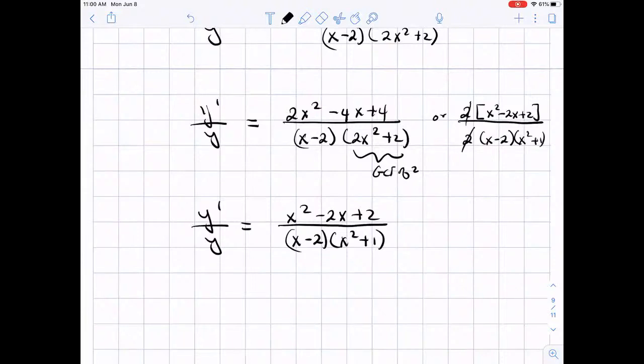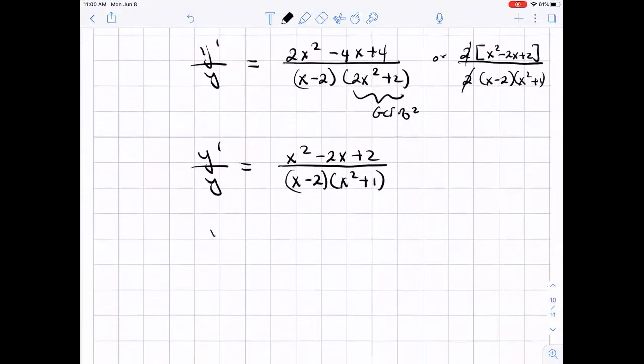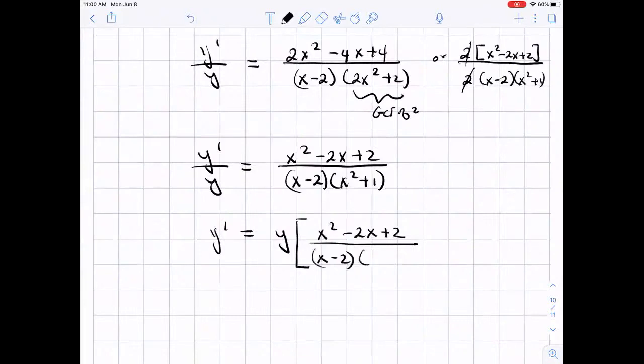So finally, we can see that y prime is equal to y, taking the y to the other side, times all of this, x squared minus 2x plus 2 over x minus 2 times x squared plus 1. So it doesn't look as nice as what you may want it to look, but it's still the derivative.